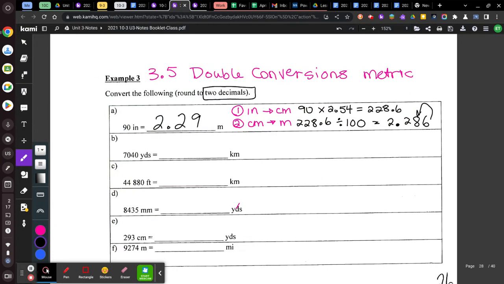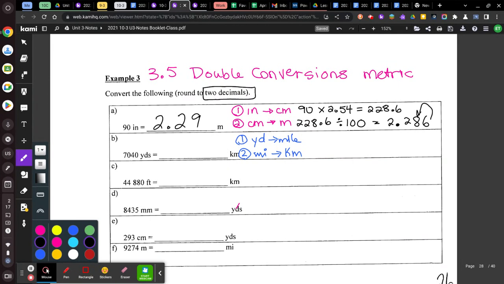Okay, so now when we want to do this question, because there's no yard to kilometer, we have to go yard to mile as our first step. Then our second step is going to be going mile to kilometer. So yard to mile.